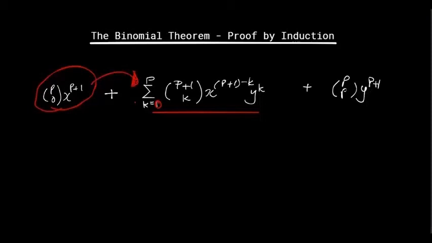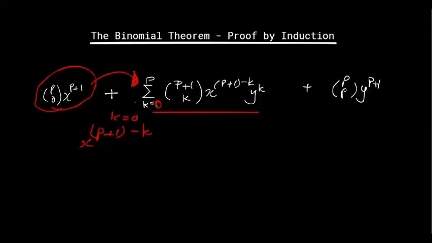Now, what's going to happen, this x to the power of p plus 1, it's going to become p plus 1 minus k, which is just fine because k is 0, so it's still x to the p plus 1. This is where k equals 0.